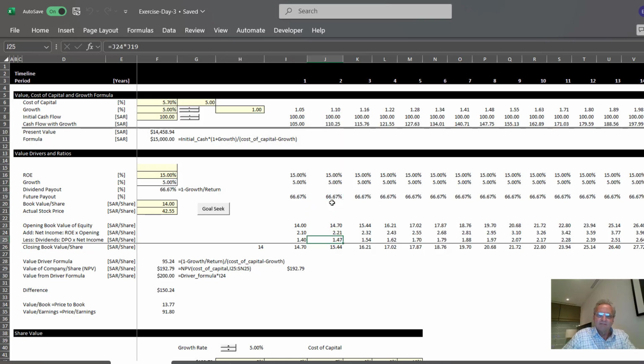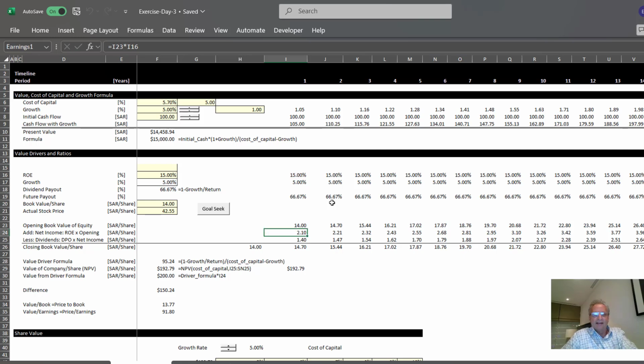You make the opening balance. You start with a book value, Shift Control Q from generic macros. Opening balance equals the closing balance. You multiply this by a return on equity, and that's your opening equity balance, the book value multiplied by the ROE.